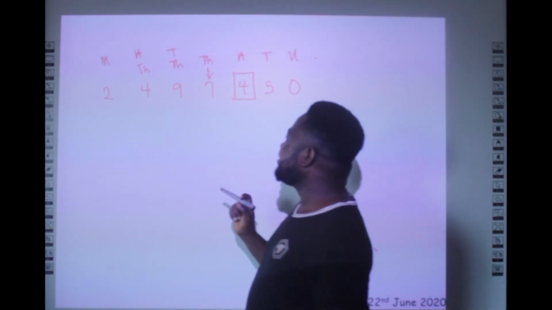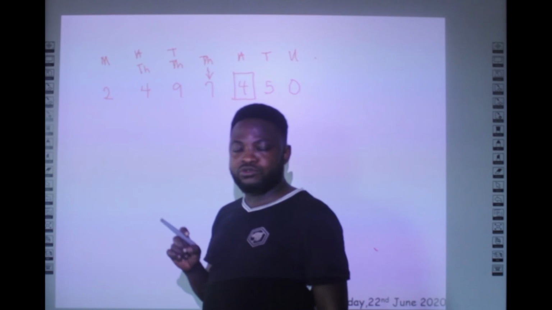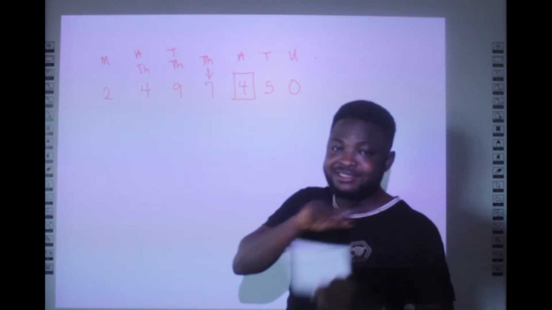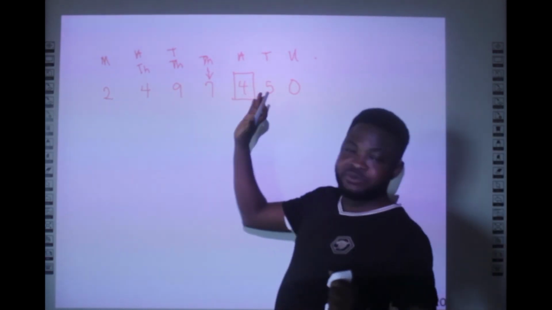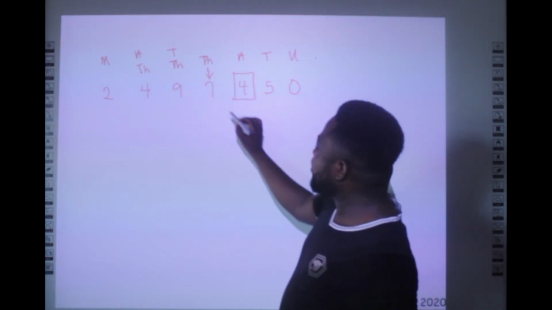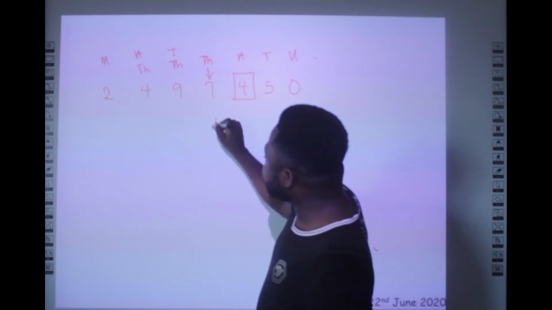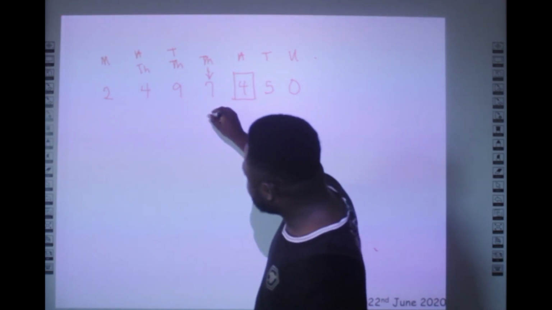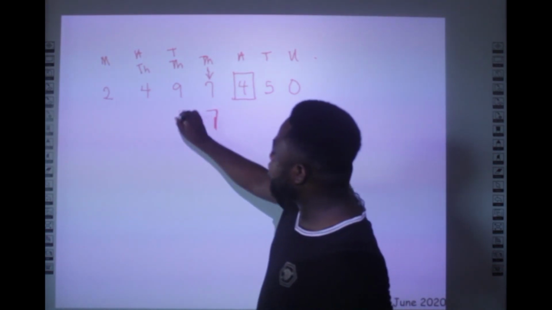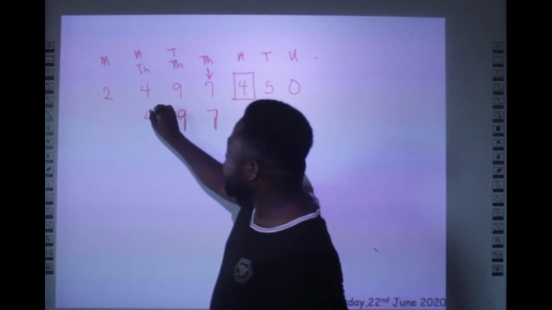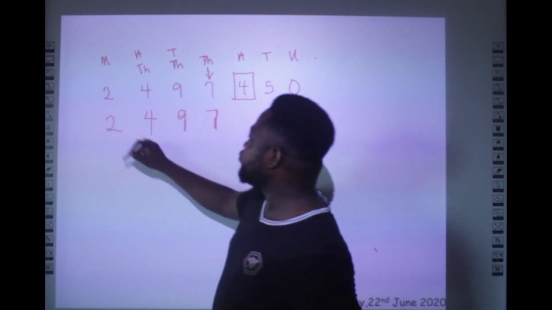Remember, any digit from 0, 1, 2, 3, 4, you round it down, meaning you allow it to rest. So in this case, you are going to leave it the way it is. Okay? So you drop down 7, you drop down 9, you drop down 4, you drop down 2.